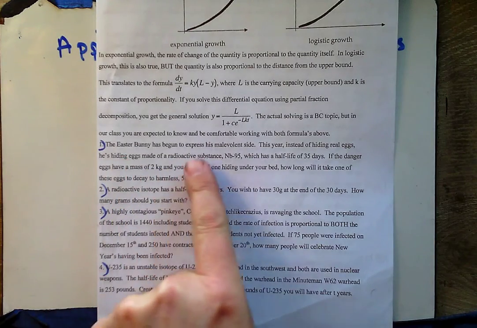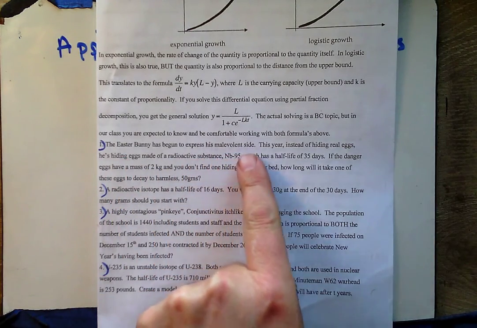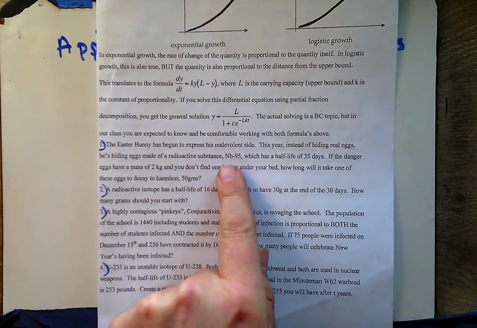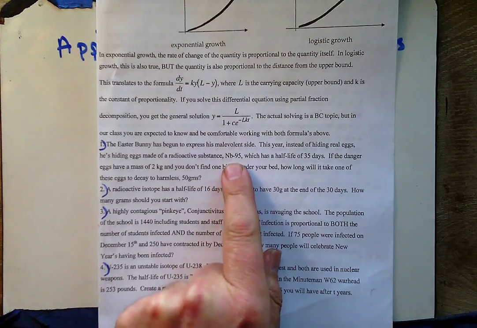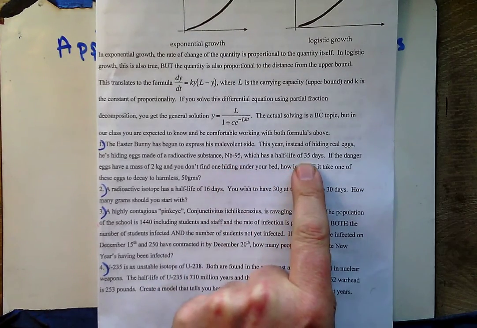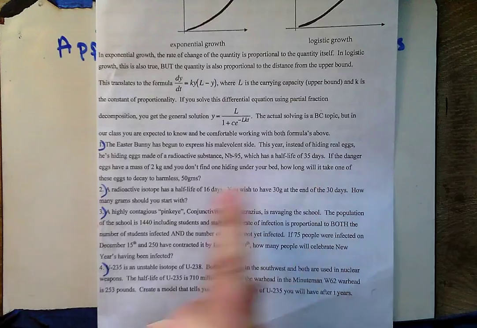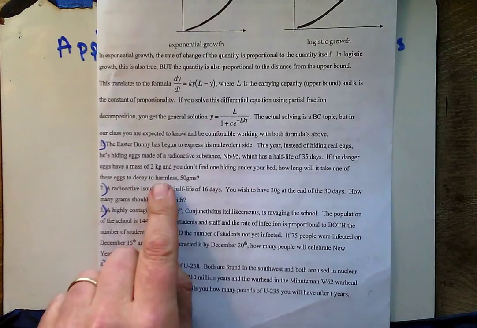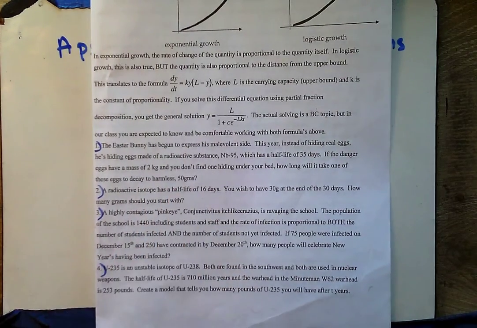Easter Bunny has begun to express his malevolent side. This year, instead of hiding real eggs, he's hiding eggs made of a radioactive substance, NB95, which has a half-life of 35 days. If the danger eggs have a mass of 2 kilograms, and you don't find the one hiding under your bed, how long will it take for these eggs to decay to harmless, which is 50 grams?